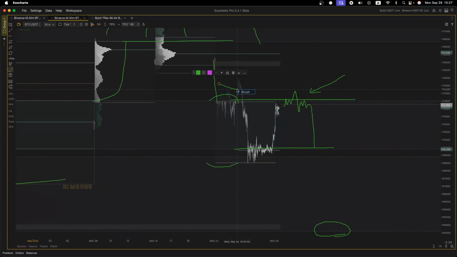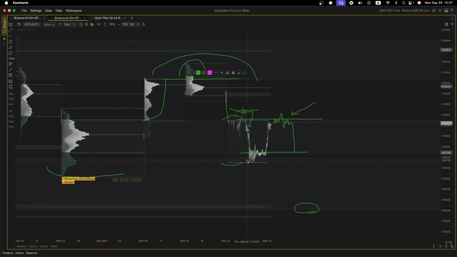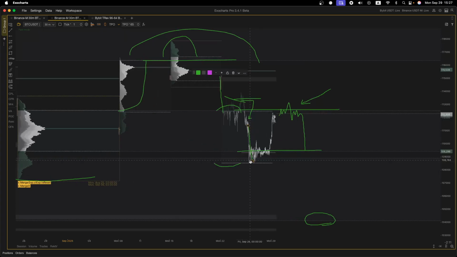We took out some highs here, accepted once again below, and rotated lower towards the 2-week value low. And we bounced off again the 7-week value high. So we're still rotational within the 2-week value.